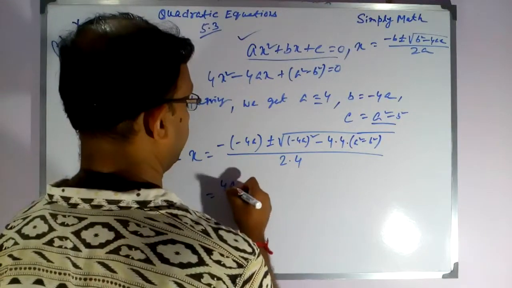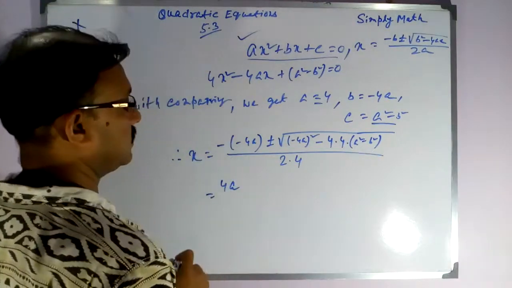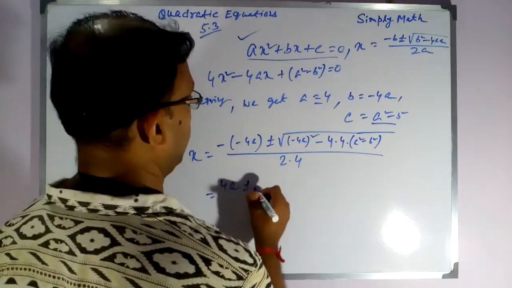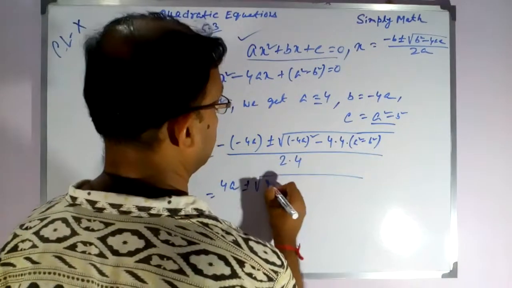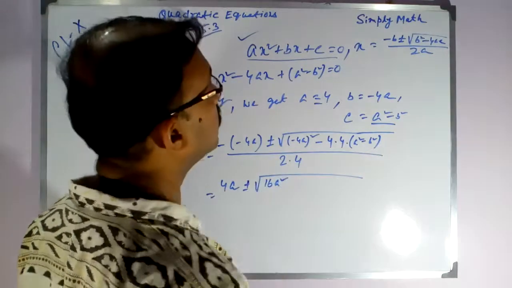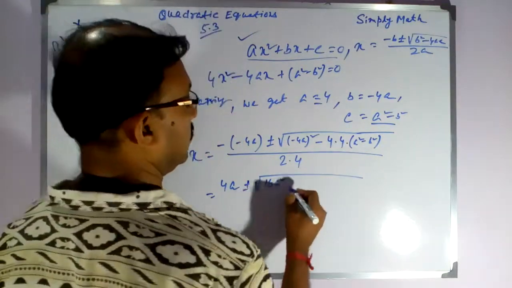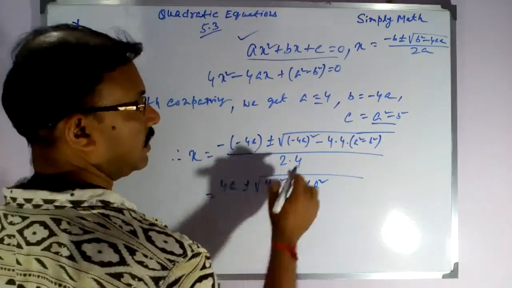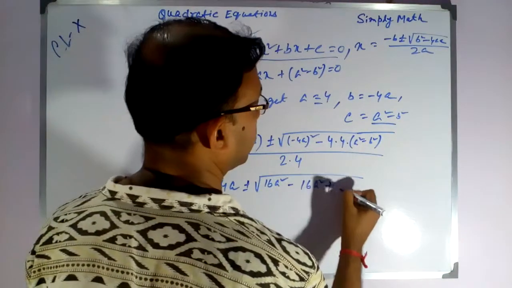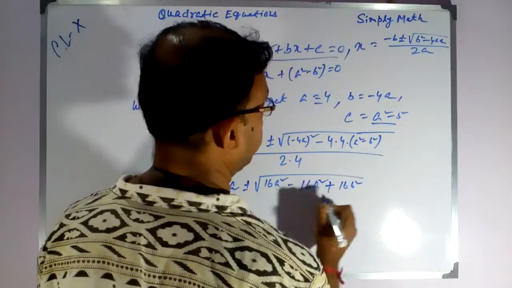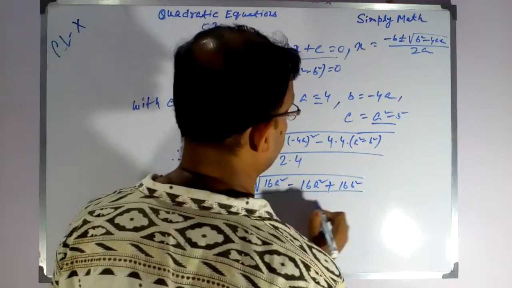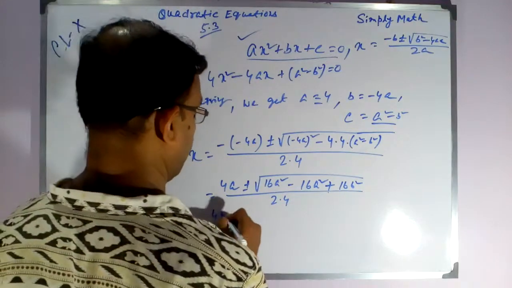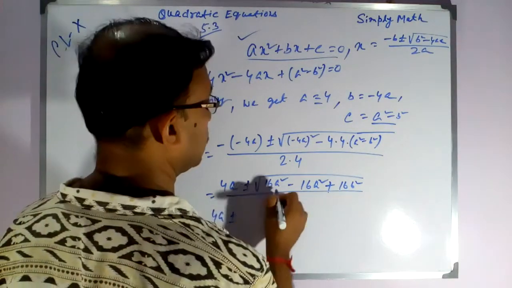So what is this? Minus into minus plus 4a, plus minus root over 16a square minus... 16a square, minus minus is plus 16b square by 2 into 4. 4a plus minus.